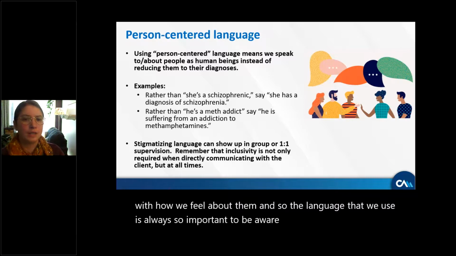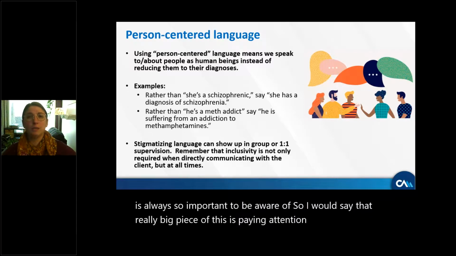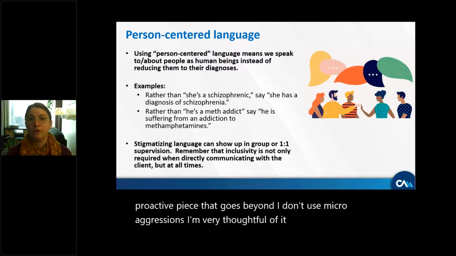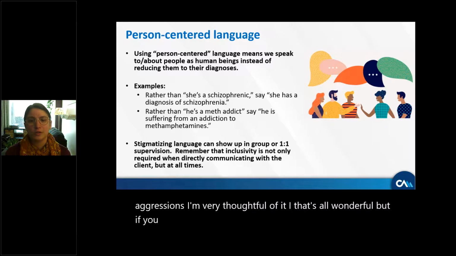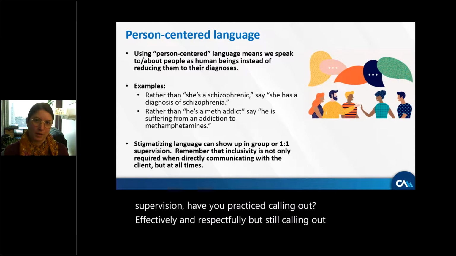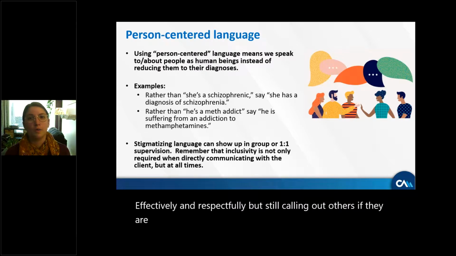So I would say that a really big piece of this is paying attention to that. And the proactive piece that goes beyond, I don't use microaggressions, I'm very thoughtful of it. That's all wonderful. But if you are talking to other counselors or if you are in peer supervision, have you practiced calling out effectively and respectfully, but still calling out others if they are using microaggressions, if they are using problematic language?